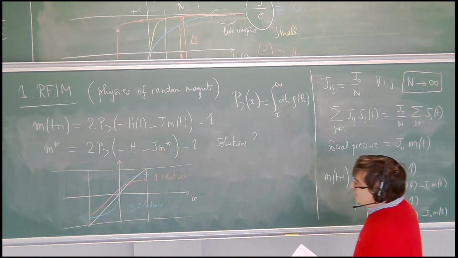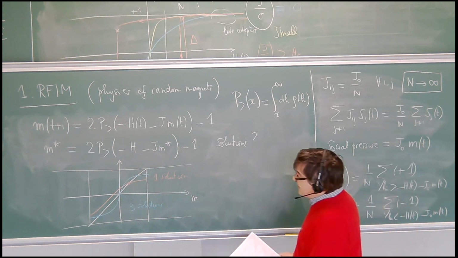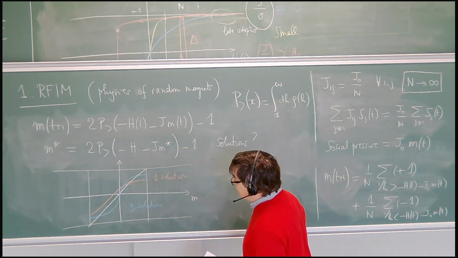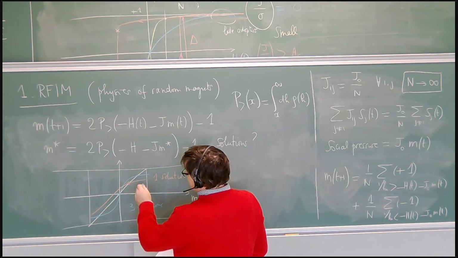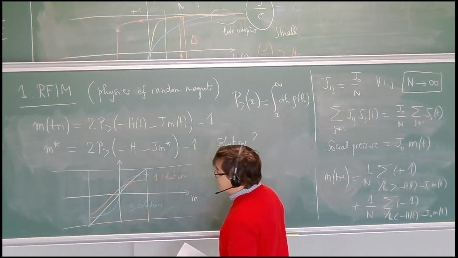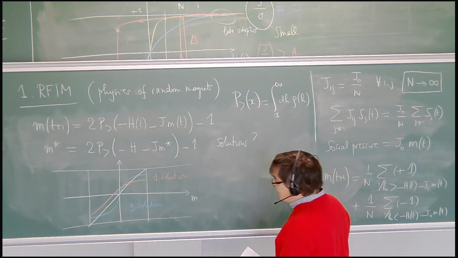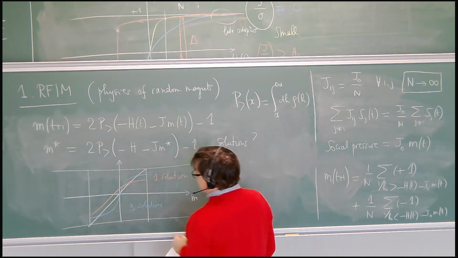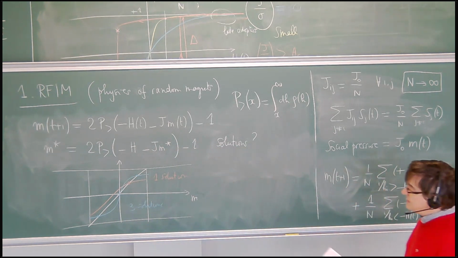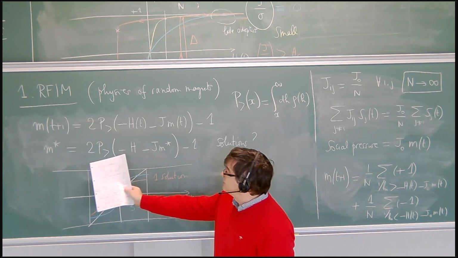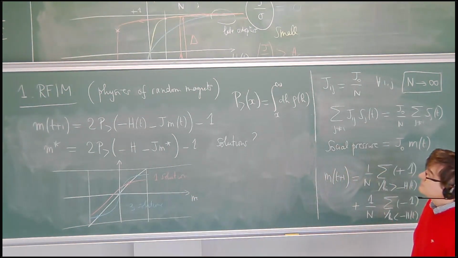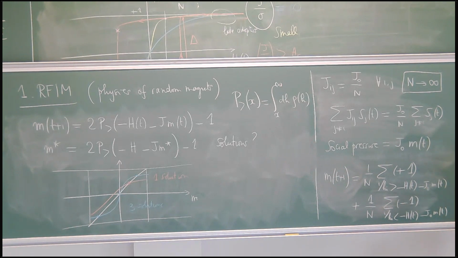And in the case where there are three solutions, actually you can look at the slope of these curves at the intersection point, and you quickly realize that when there are three solutions, only two of them are stable because they have slopes less than one, and one of them, this one, is unstable because it has a slope larger than one. And so in the case where there are three solutions to this equation, there will be only two solutions that are stable and one solution that is unstable.